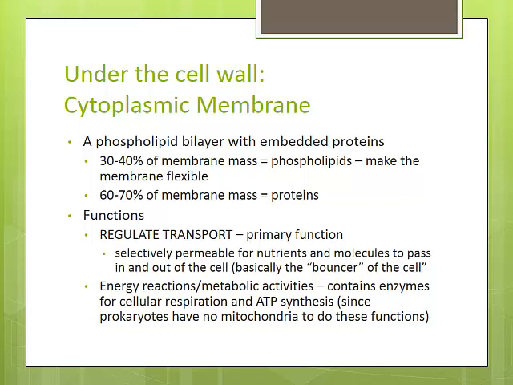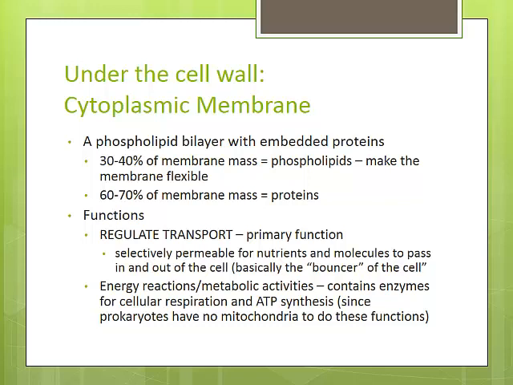Now, the function of the cytoplasmic membrane, also known as the cell membrane, also known as the plasma membrane, the function of this structure is to regulate transport of molecules. That's its primary function. It is selectively permeable for nutrients and molecules to pass in and out of. So basically, we call this the bouncer of the cell because it is saying, hey, you can come in, now you need to go out.